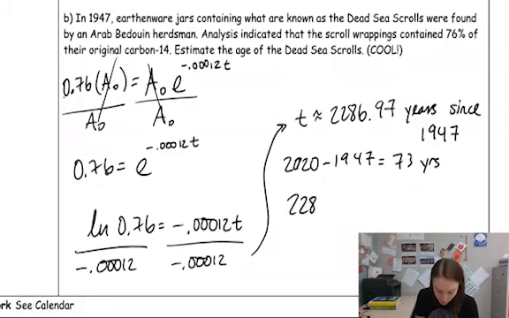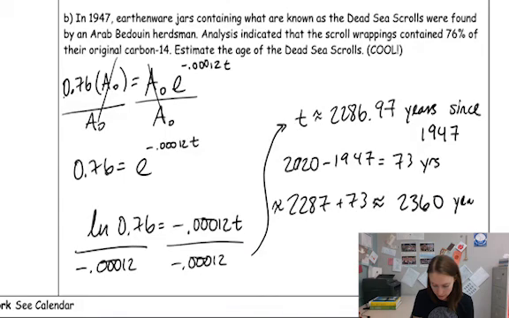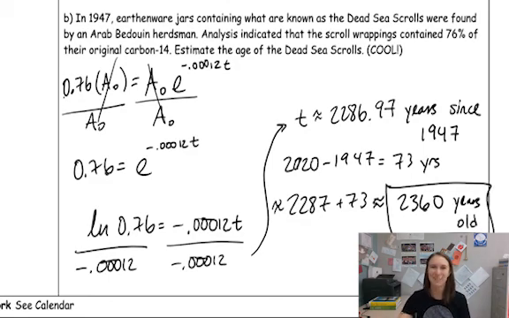So I'm just going to say approximately 2287 years, because it was almost that long, plus 73. 2287 plus 73 is approximately 2360 years old. That is super old. So cool. All right, and that's it for today's lesson.